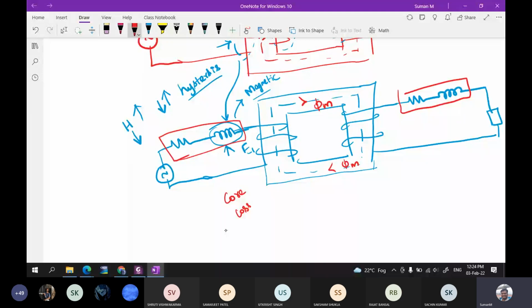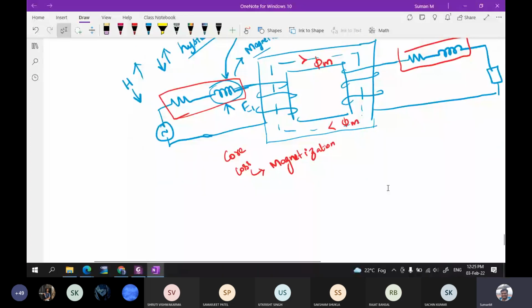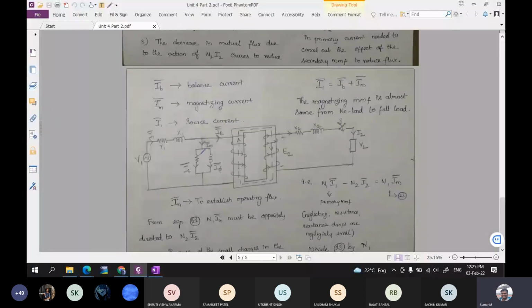The core loss and the magnetization part. In order to represent them, you can see here, we are going to represent this in terms of a shunt element like this.